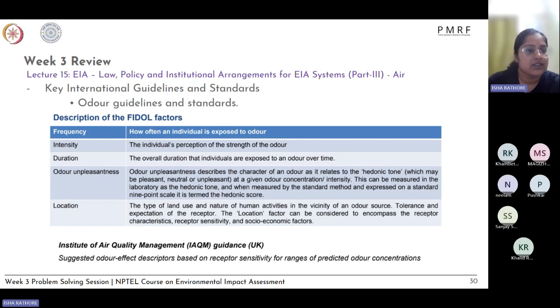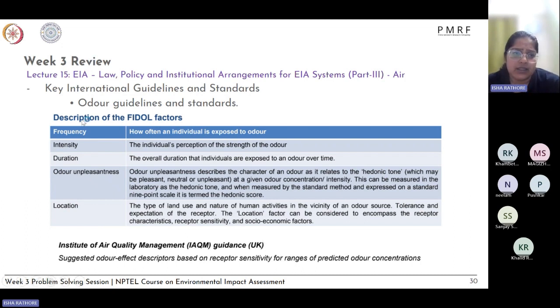This is made up of the initial letter of each of these factors. F is frequency, that is how often an individual is exposed to this odor. I is intensity, the perception of the strength of that odor. D is duration, the overall duration of the odor that the individual is exposed to.